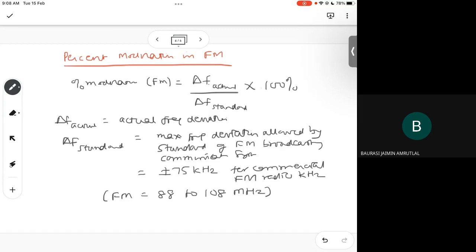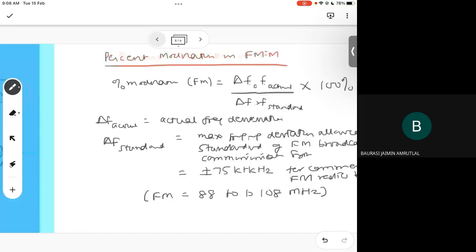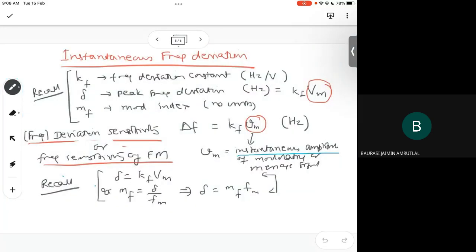But here, because we allow only that deviation, it can't deviate so much that it goes to the next channel. So these are the various terms which we have understood. Especially the first slide and this slide are very important, as we introduce various parameters and how they are related to one another.